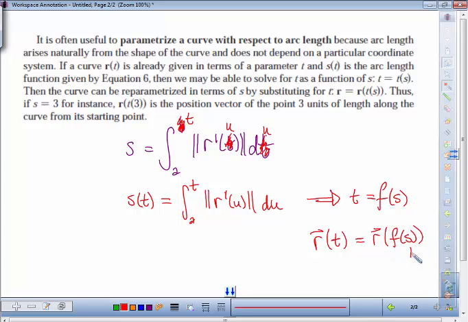So now essentially your parameter is changed to s. Now s happens to be that special parameter called parameterized by arc length. It's the arc length parameter.